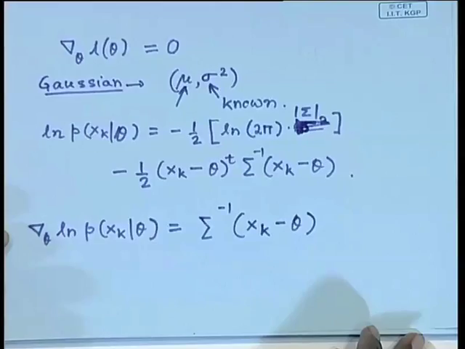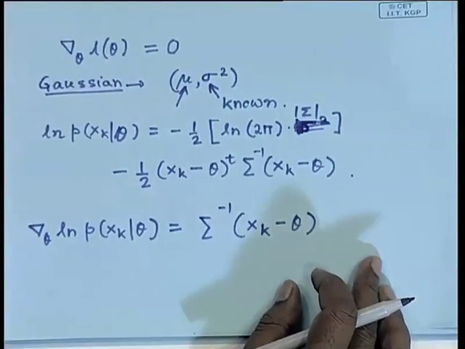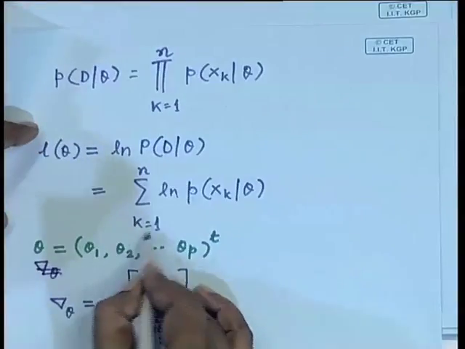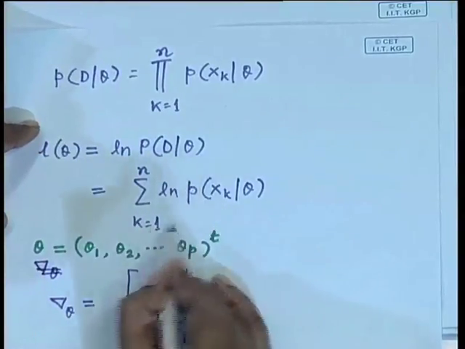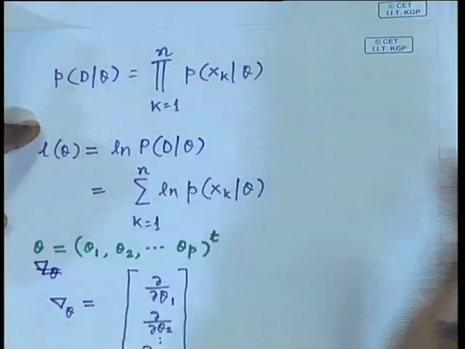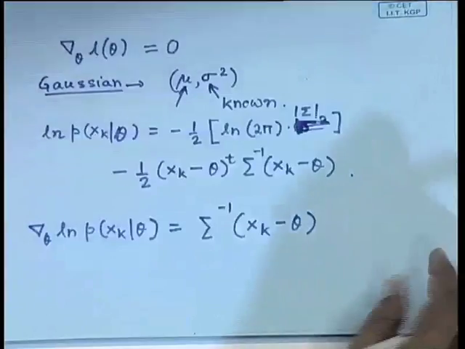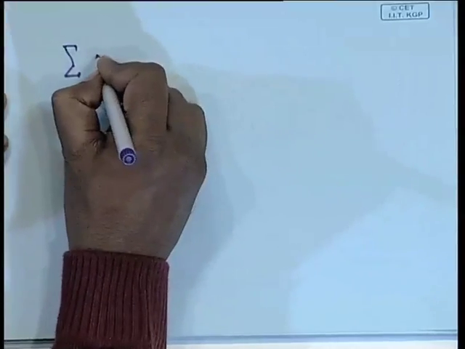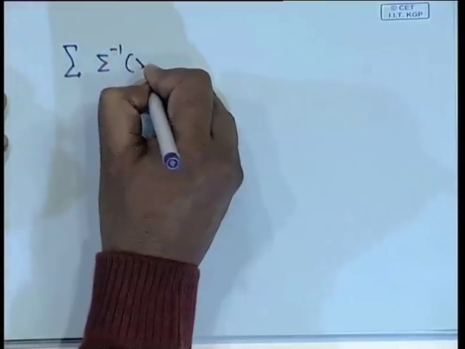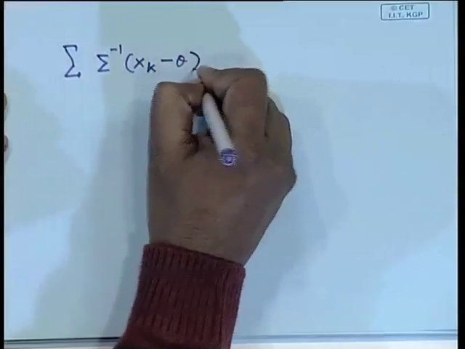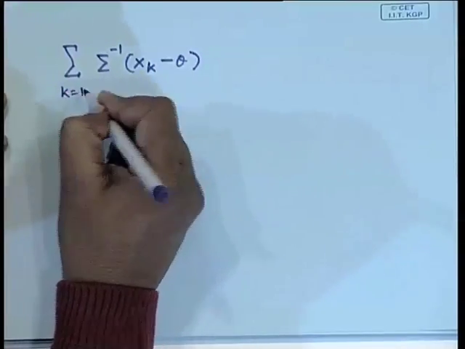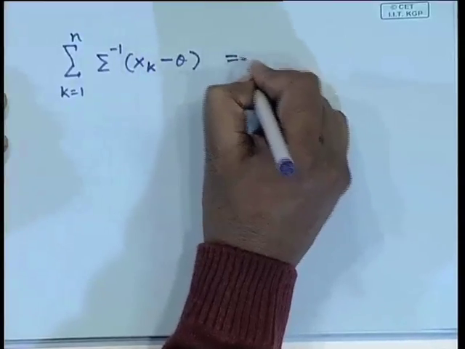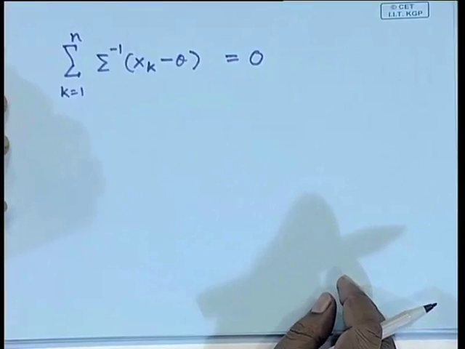Okay. And you find that in the log likelihood, I have to take the summation of this for all the samples, that is k equal to 1 to n, and I have to equate that to 0. So, effectively, I have to equate the sum of sigma inverse (x_k minus theta), where k will vary from 1 to n, to 0, right.